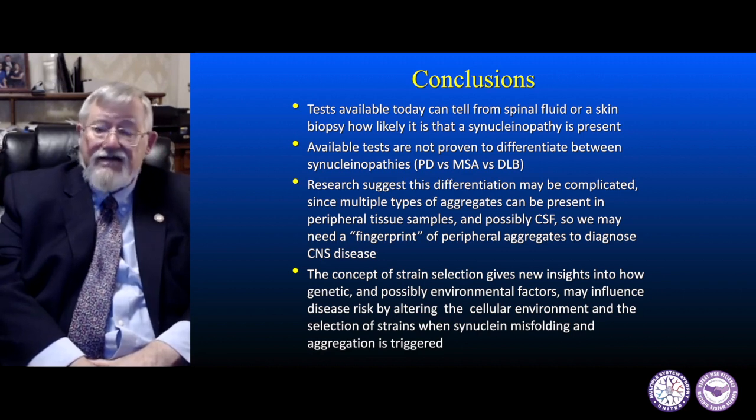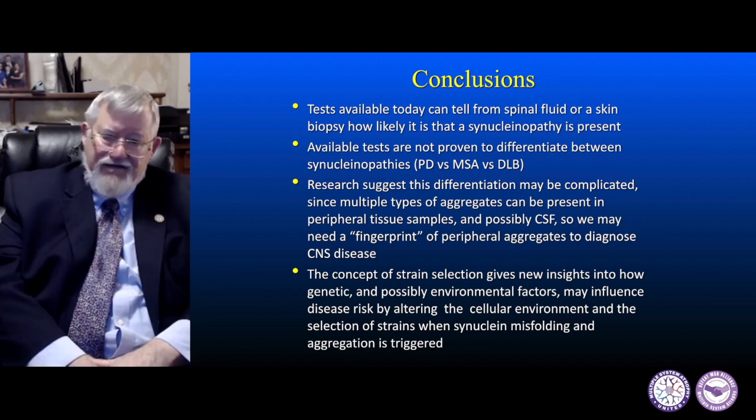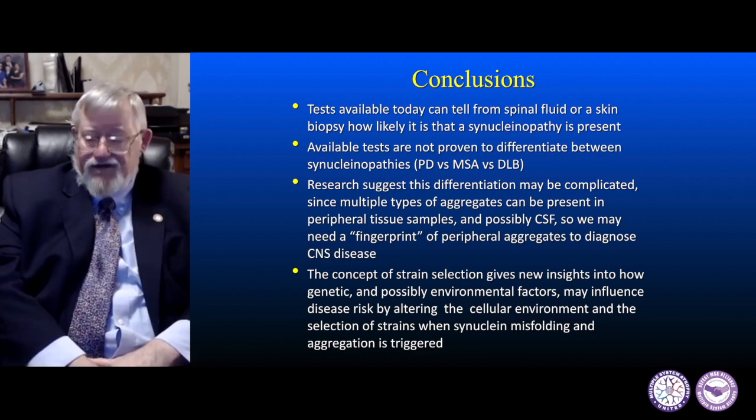And again, what strains or forms of abnormally folded aggregates may show up in other parts of the body, coming from the brain or from one part of the body to another.